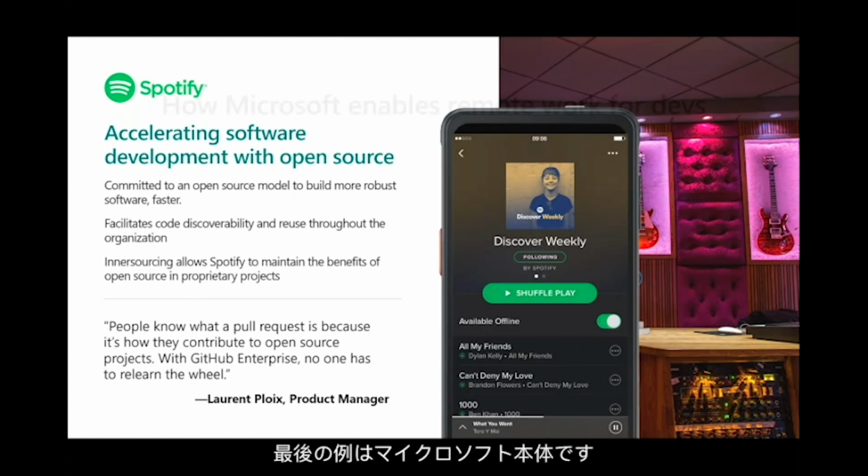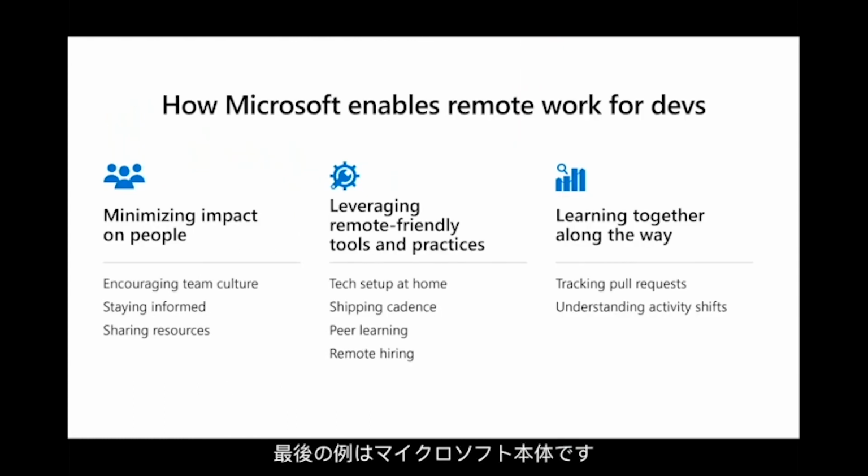Lastly, one other example is Microsoft itself, and our own journey from a DevOps perspective, given the recent situation all of us are in during COVID. The company has had to enable remote work for all of our developers, as well as all non-essential workers.